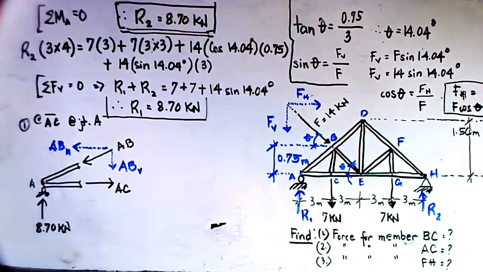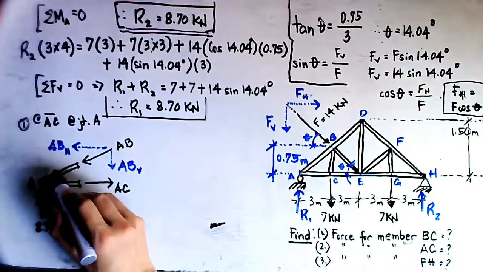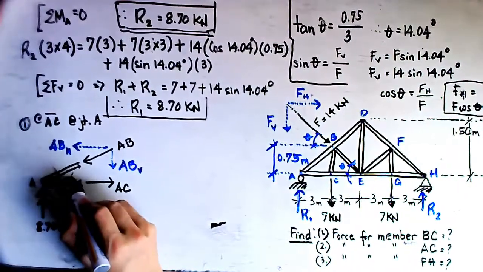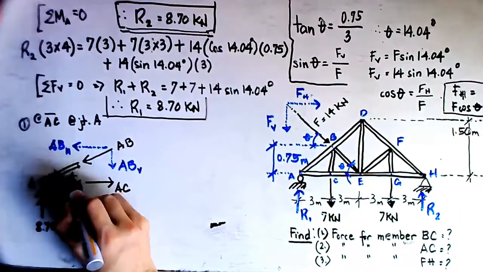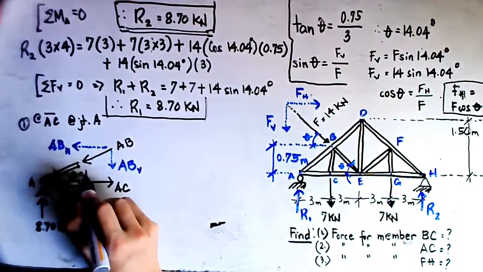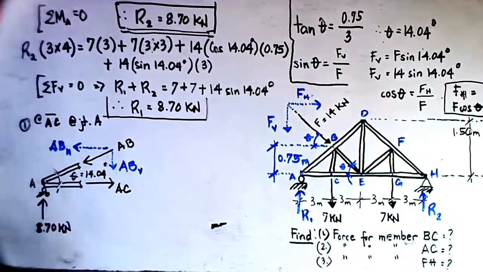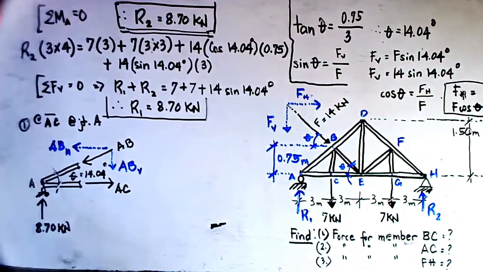Okay, so AB in compression. Now take note that this angle is 14.04 degrees. So that is the angle.